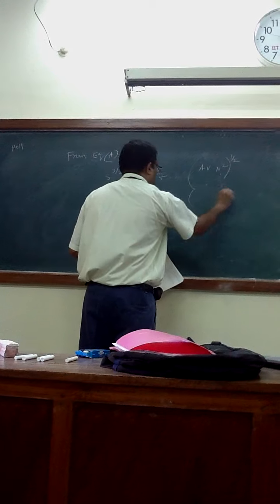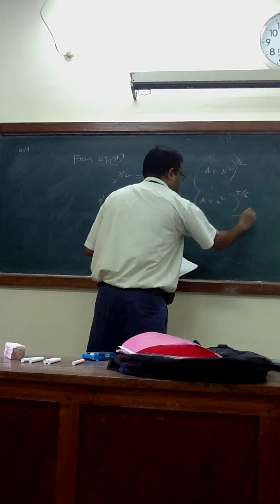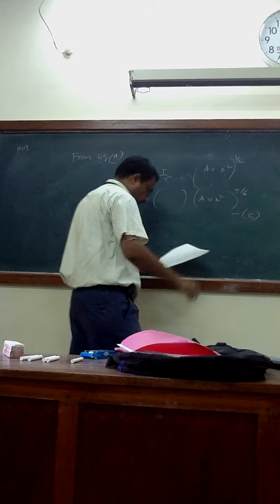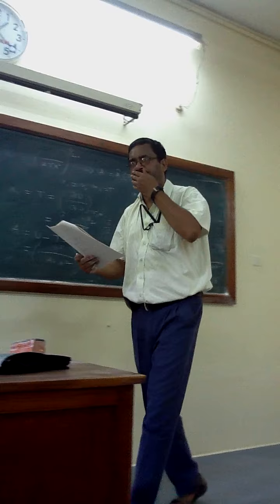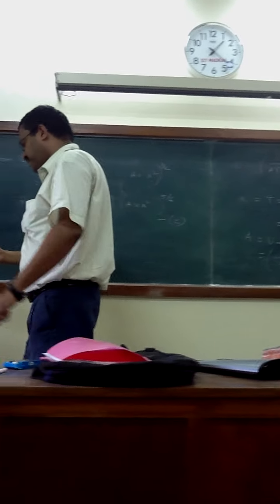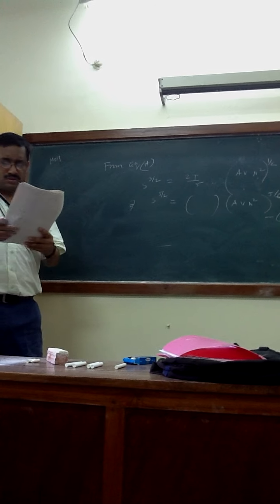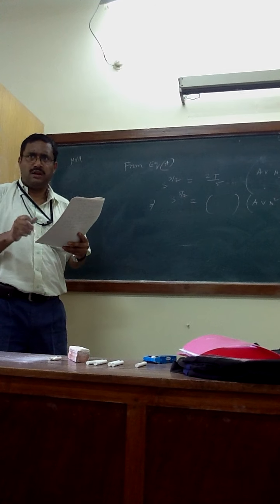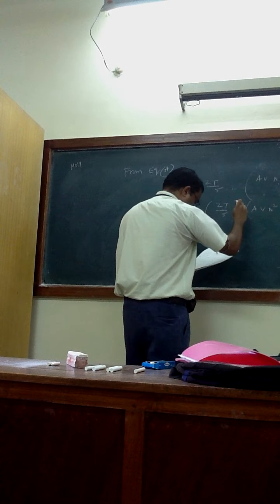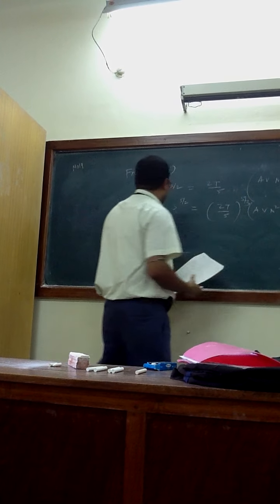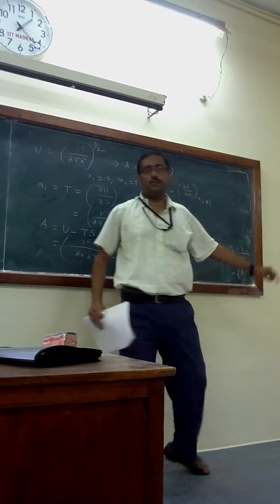You get something times (A B N square) whole to the power 5 by 6. This is equation number C. Something else will also be there. What is that? 2 by 5 only, T should not be there: (2T by 5) to the power 5 by 3. So that you have to replace in equation number B, S to the power 5 by 2.